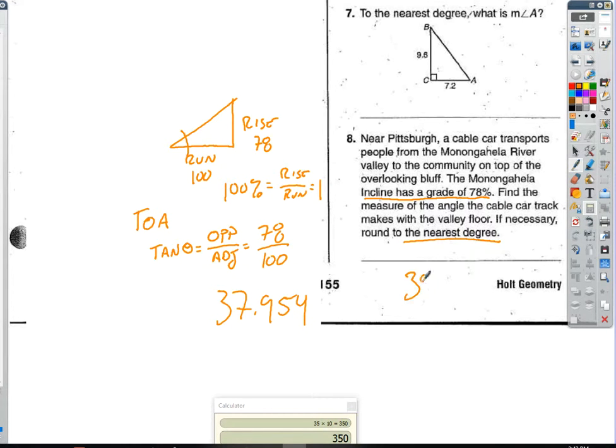Well, that's 38 degrees. So again, in my calculator, I just did 0.78, and then I hit the button that looked like this. And voila! I got my answer. Now I will do another video for the problems on the back of the sheet.